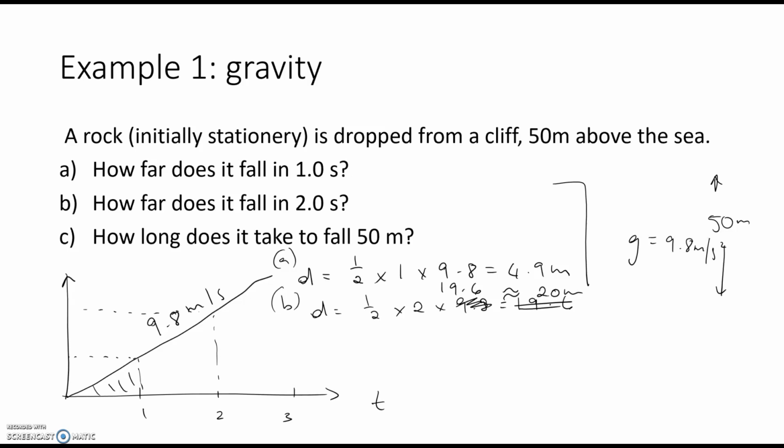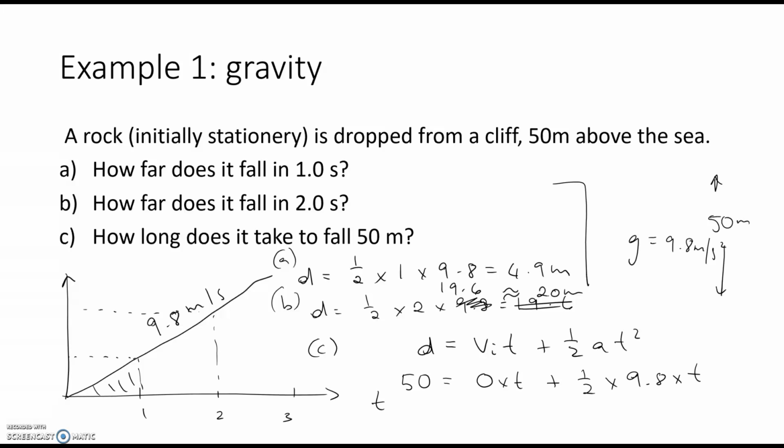Well, we need to use one of our equations, and we'll use the one that says d equals v_i t plus a half a t squared. So we found the distance. We know it's 50 metres. We know that our initial velocity was 0. And we know that our gravity is 9.8.